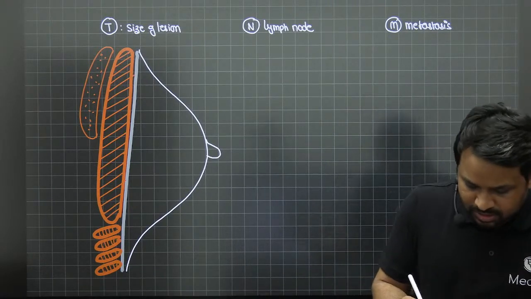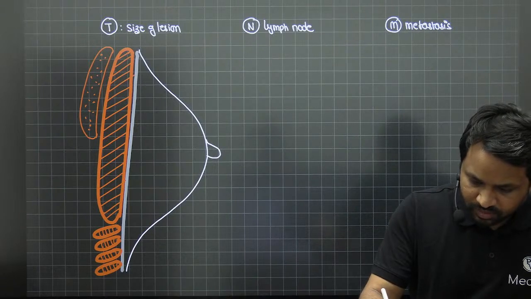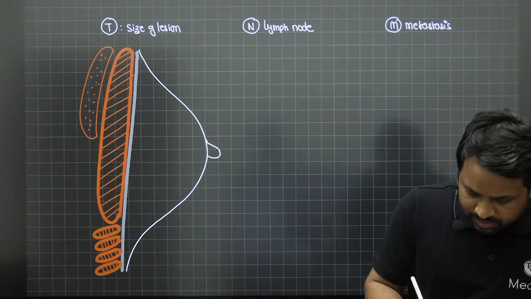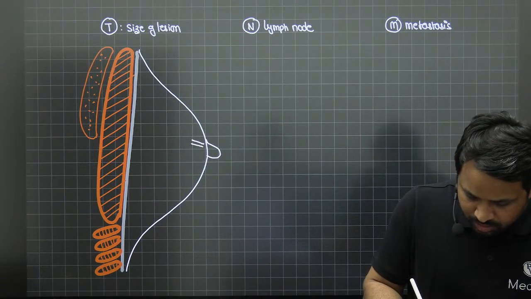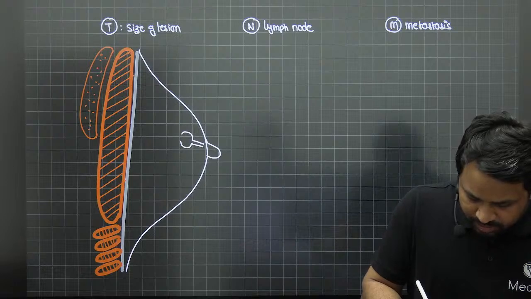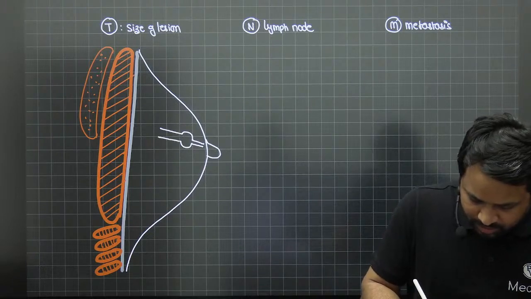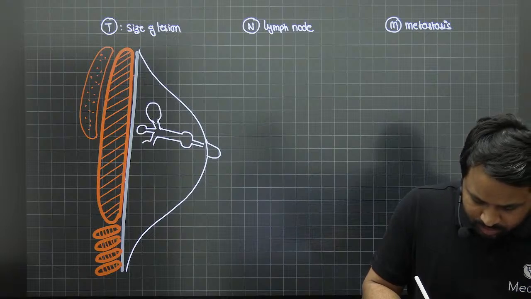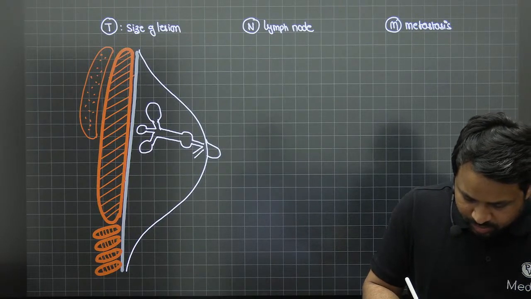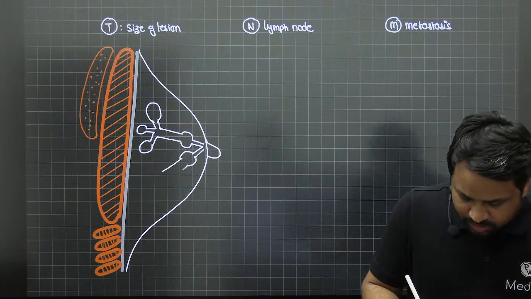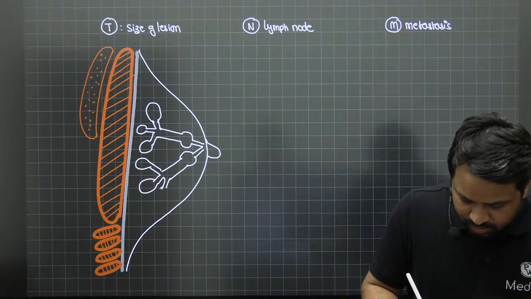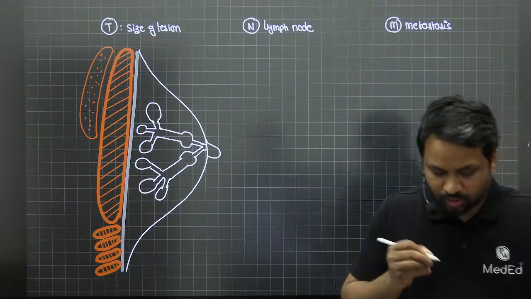Now for the sake of TDLU, I say this is going to be your terminal duct. This is going to be the ampulla. This is the major duct. These are the branched or the minor ducts, and this happens to be the lobules, right? Just for the sake of understanding, I'm drawing the depiction of your TDLU, that is your terminal ductal lobular unit, and they all open into the nipple areolar complex.